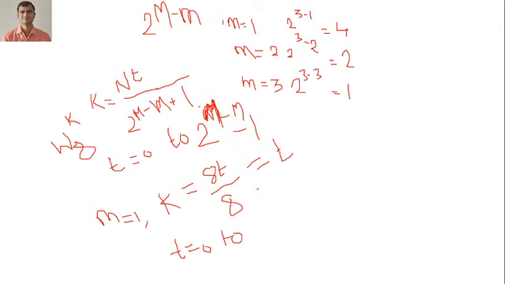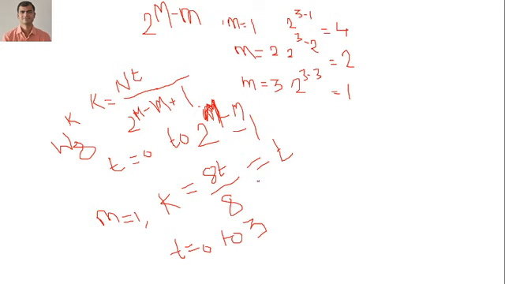The value of capital M is 3, so 3 minus 1 is 2, so 2 raised to 2 minus 1 is 3. So the range of t is 0 to 3, and since the value of k is equal to t, the range of k also becomes 0 to 3.